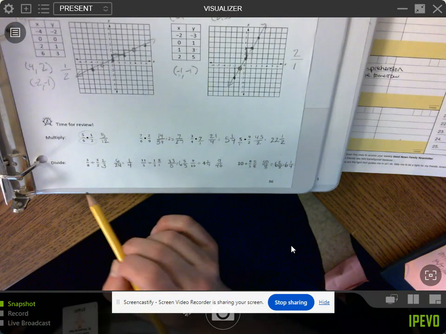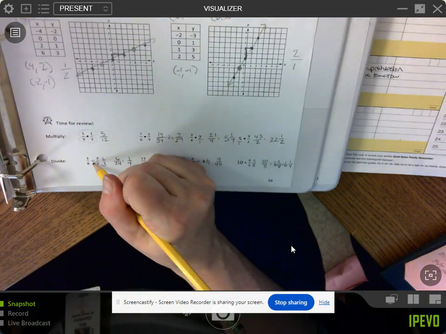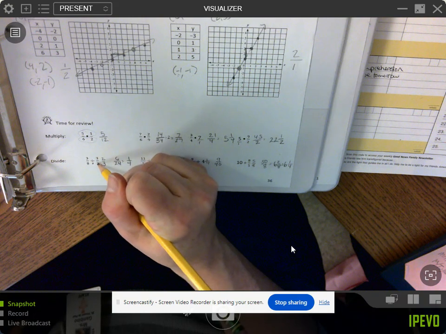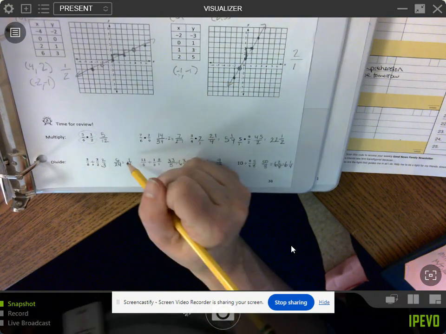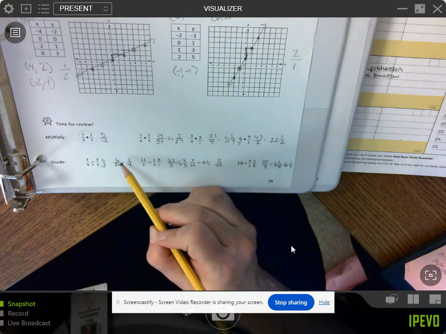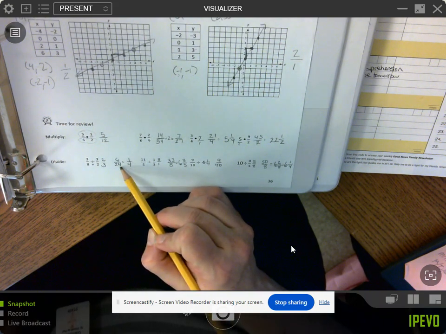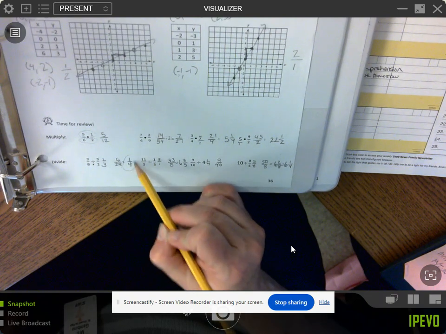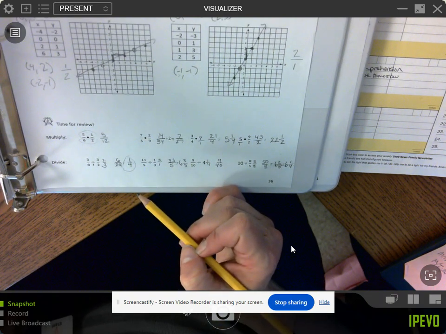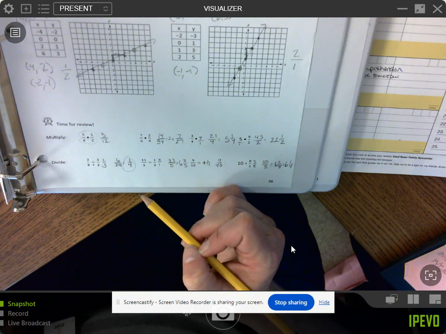Now, when we divide, remember, we flip to multiplying, and we flip our second fraction to its reciprocal. Then we multiply across. So I get 6/24. I need to simplify, divide a 4 out, and it becomes 1/4. If you do not simplify, it is wrong on the test. You must simplify.